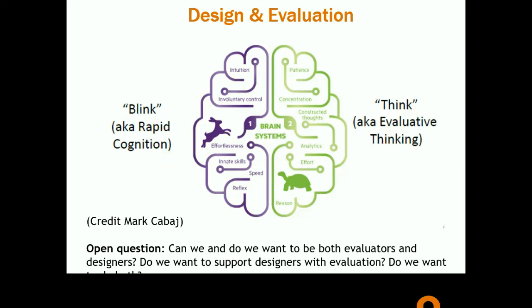People are more willing to work in uncertainty and use their intuition and get rewarded for their innate skills and speed and reflexivity, whereas evaluators might be more characterized by being systematic and analytical, and putting effort into thinking about assumptions and slowing down that process.